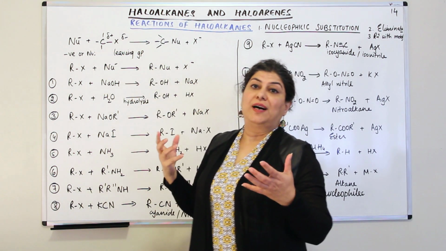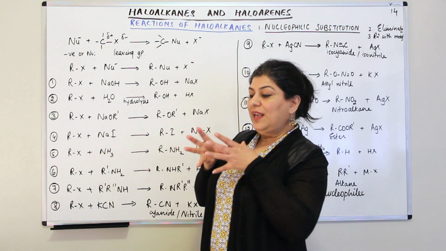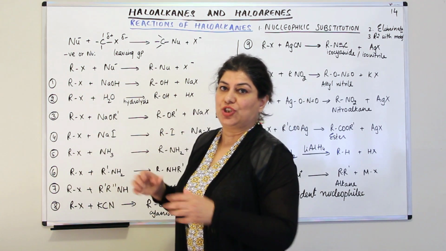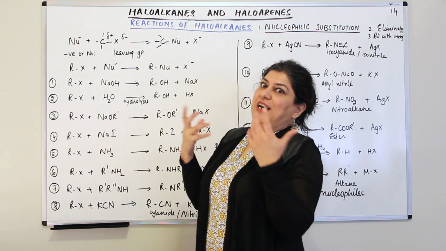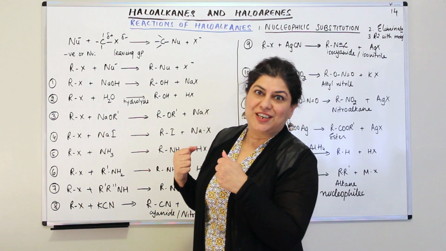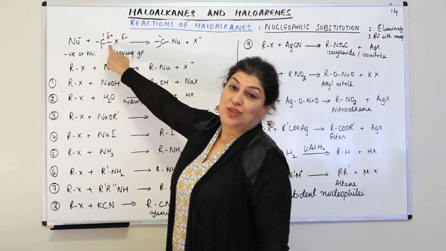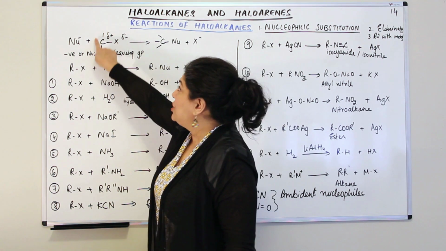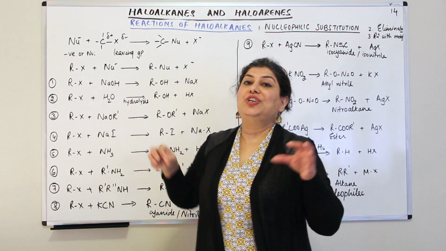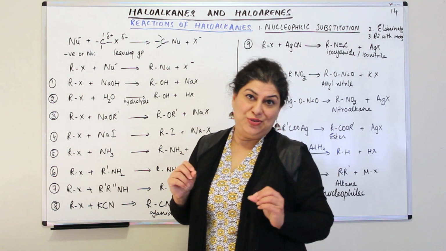And the carbon, on the other hand, in the bond pair, if the electrons are pushed towards the halogen, the carbon attached to it becomes a little deficient in electrons, and therefore it becomes positively charged. So this is the positively charged center which the nucleophile is attracted to.